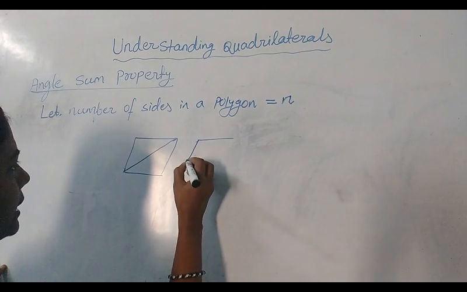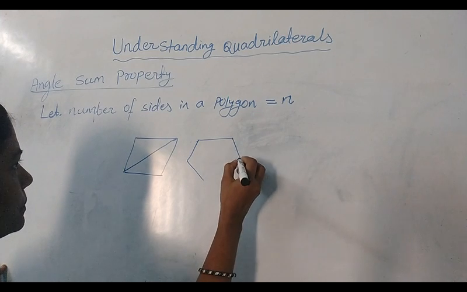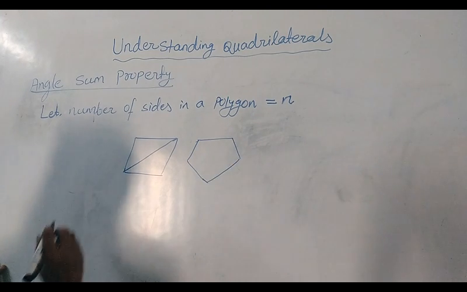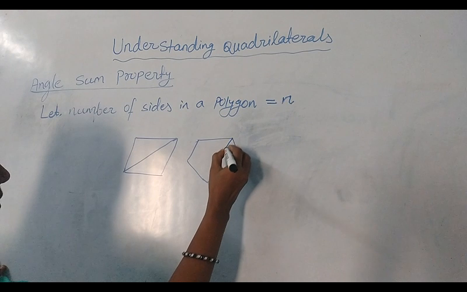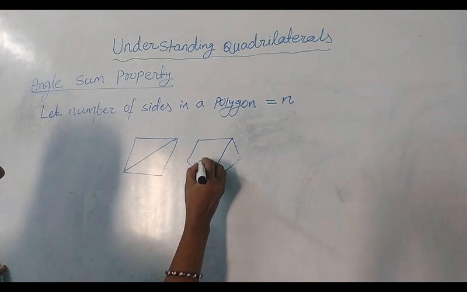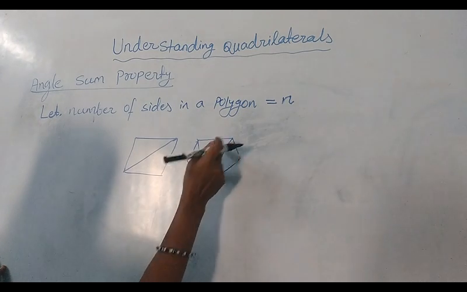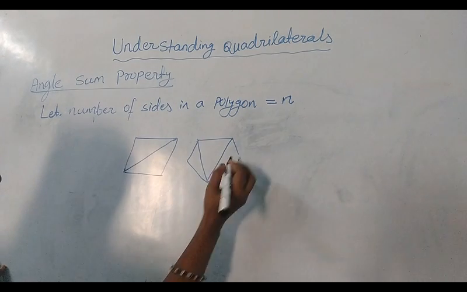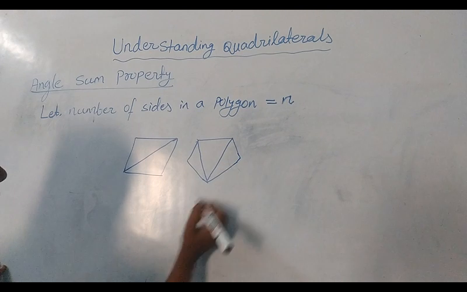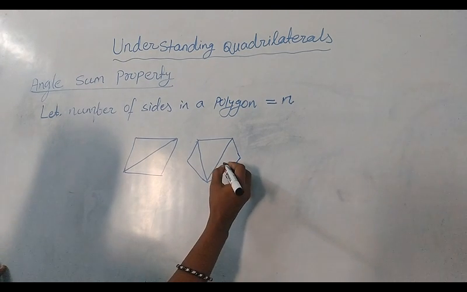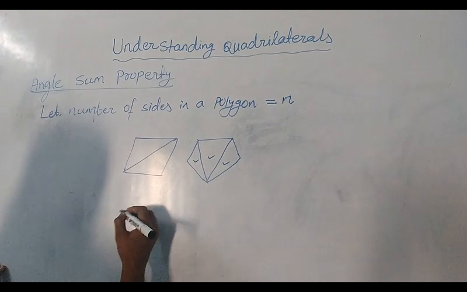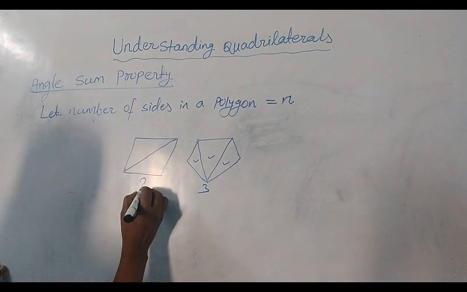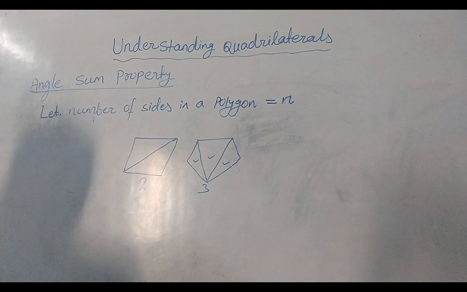When we have a pentagon, how many triangles can we draw here? Just join one vertex with the other non-consecutive vertices. Then we have the triangles. So how many triangles do we have? 1, 2 and 3. So here we have 3 triangles. Here we have 2 triangles.